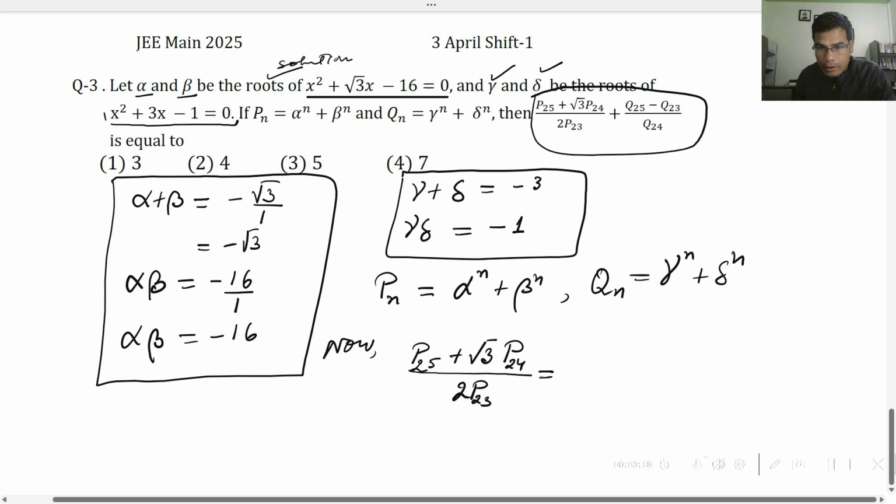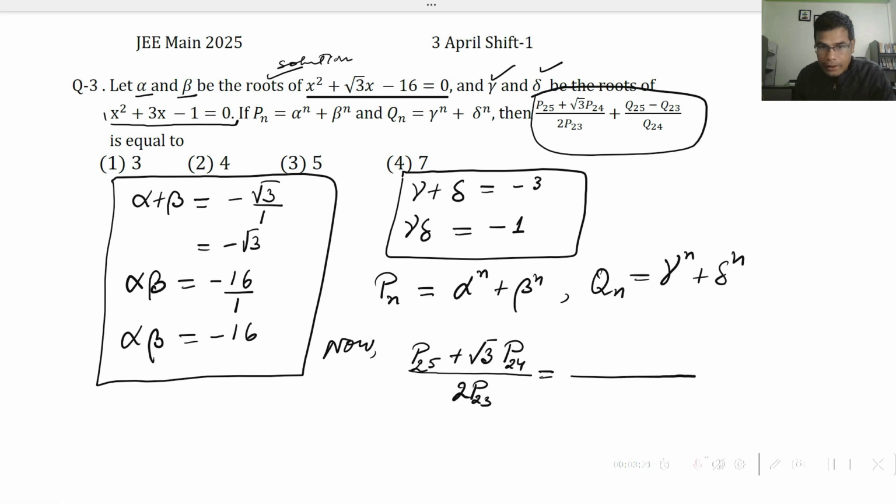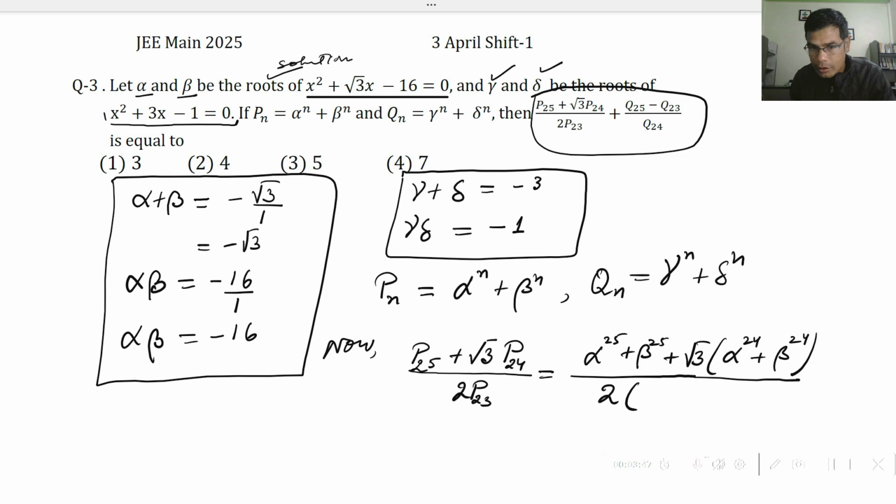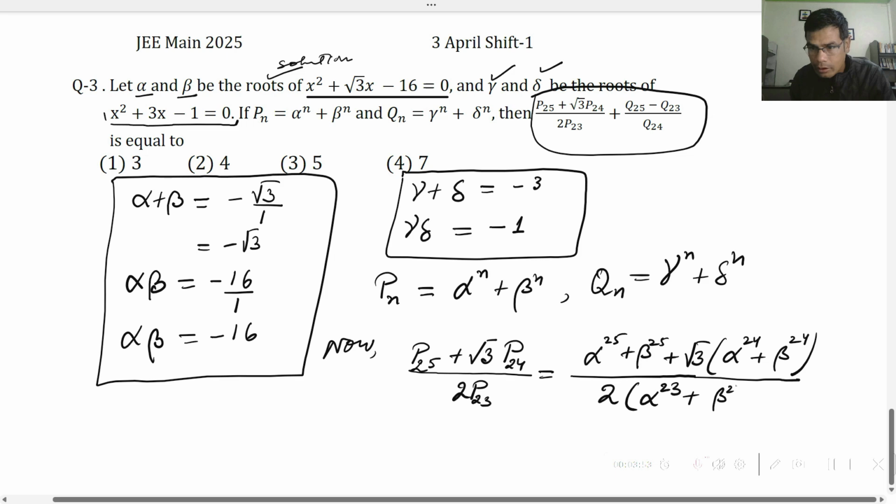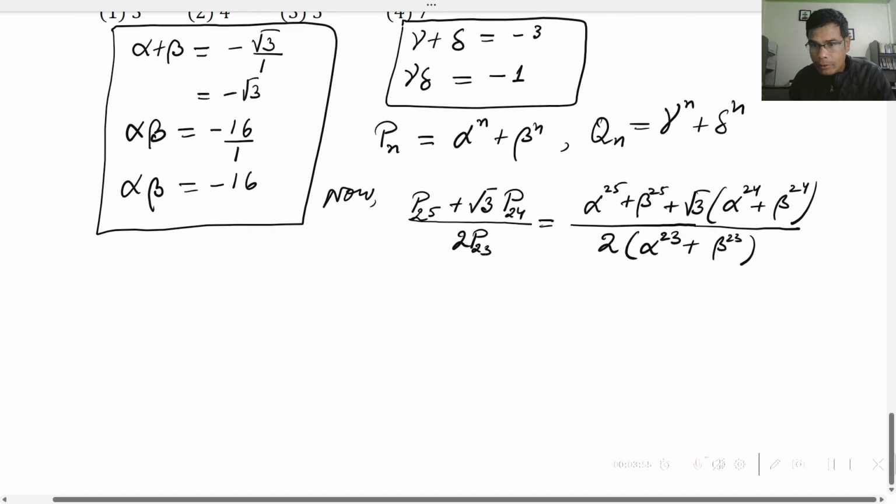So p suffix 25, I mean when n is equal to 25, is equal to alpha to the power 25 plus beta to the power 25, then plus root 3 times p suffix 24, that is alpha to the power 24 plus beta to the power 24, and in the denominator is 2 times p suffix 23, that is alpha to the power 23 plus beta to the power 23. So let us simplify this.